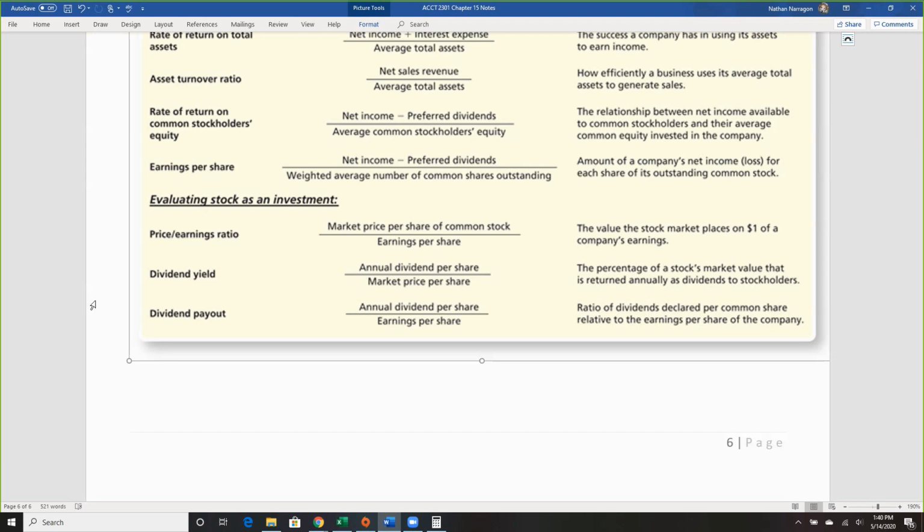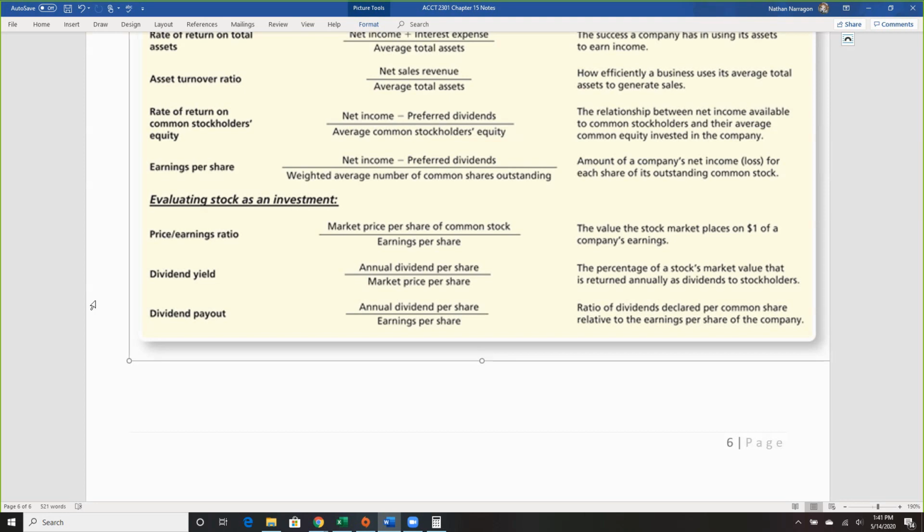How much is returned? We also have the dividend payout, which is the annual dividends per share divided by earnings per share. And this is basically our ratio of dividends declared per common share relative to the earnings per share of the company.